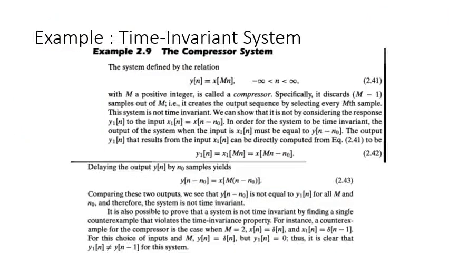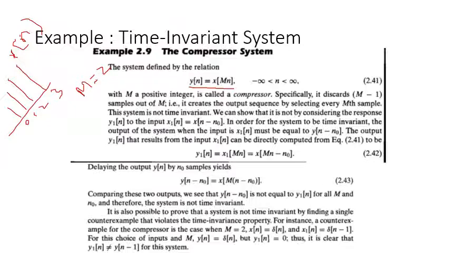Here we have an example of a compressor system. y of n is equal to x of mn. This is a compressor system; it basically compresses the signal. Let me give you an example. For example, we have 0, 1, 2, 3 as the input, x of n, and we pass it through this system. Say the value of m is 2.